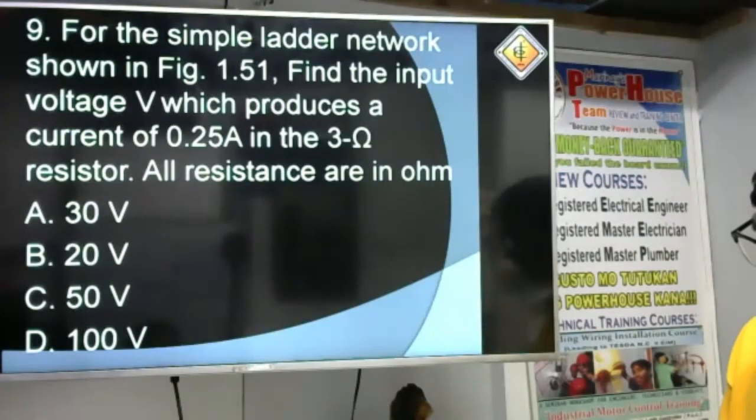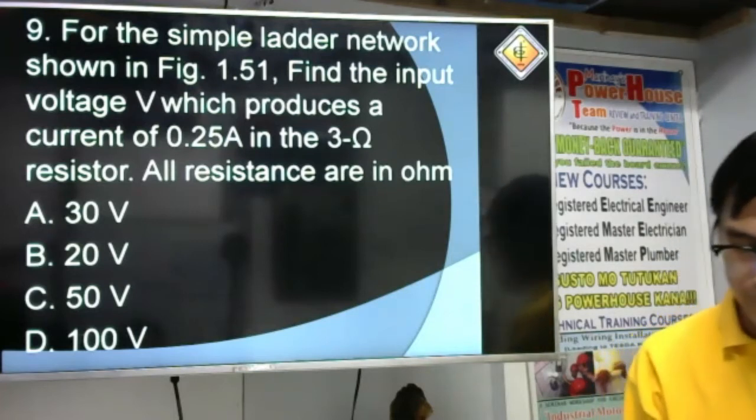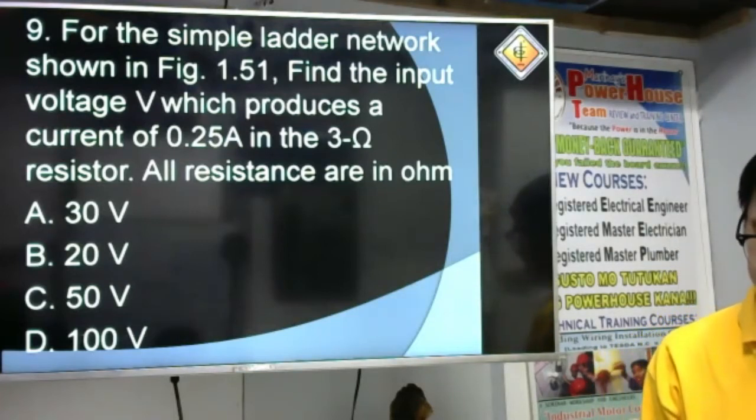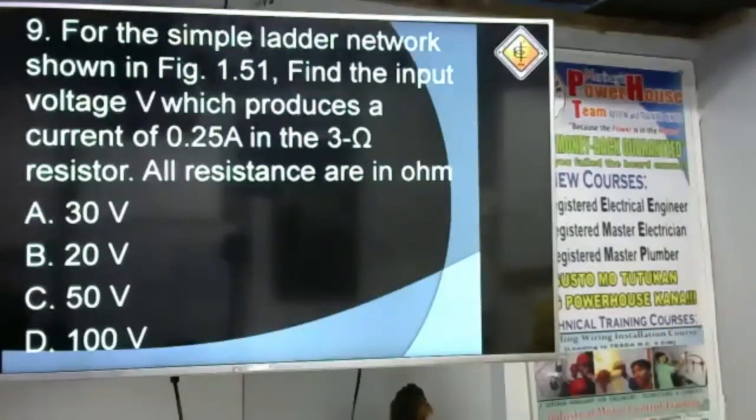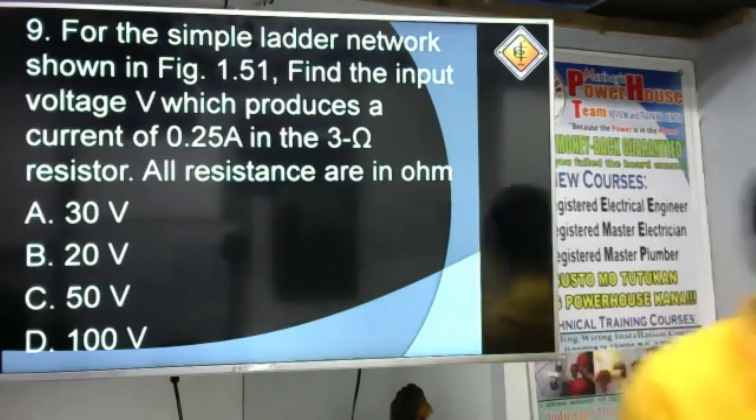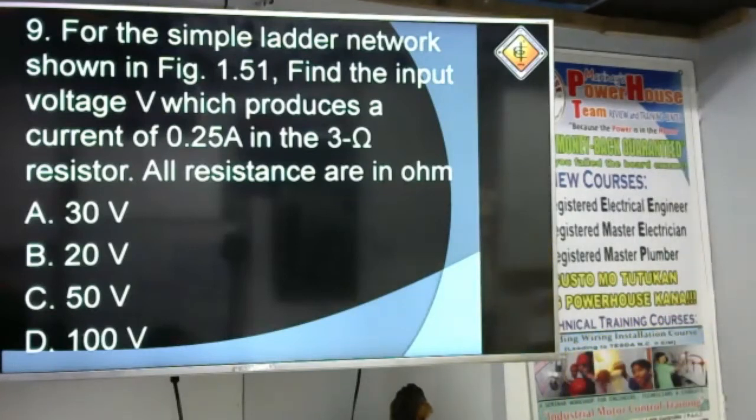All resistances are in ohms. This is quite a complicated circuit. There are 3 loops.